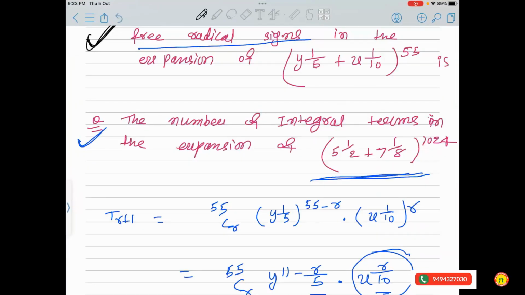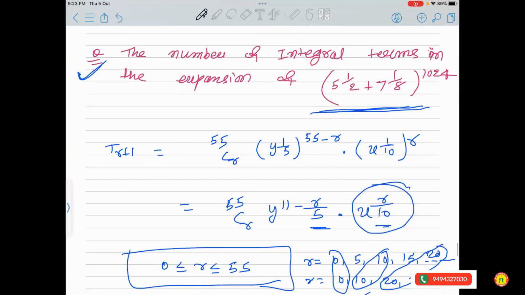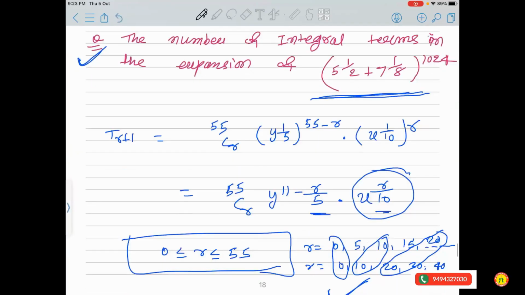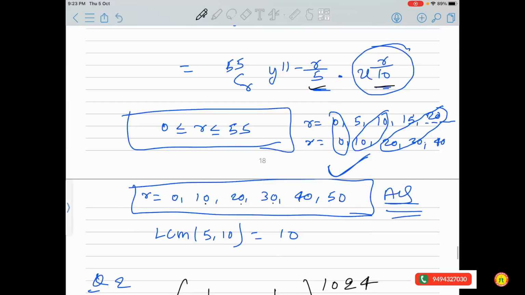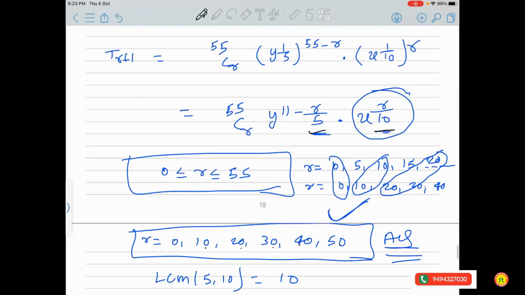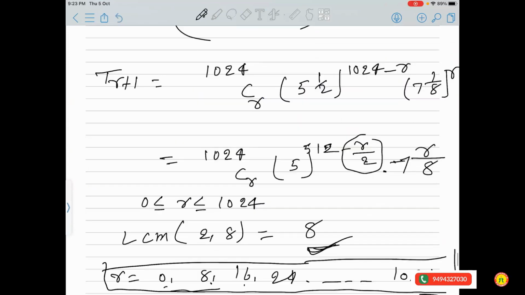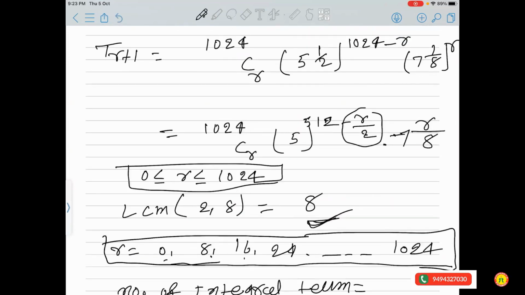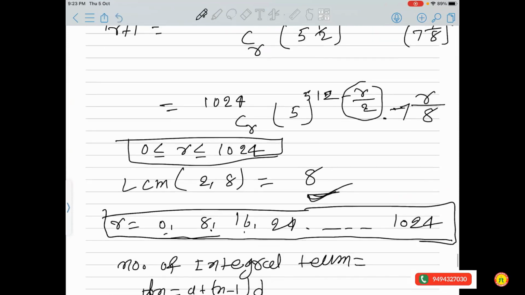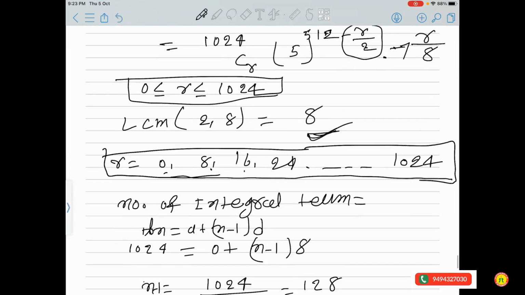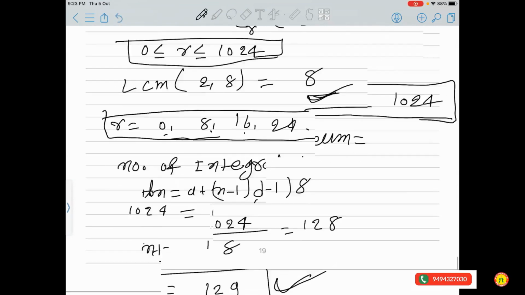Write the T(r+1) term, right? And take the LCM of the denominators of the powers of r, and that LCM will give r. Here r goes from 0 to 1024, and the LCM of 2 and 8 is 8. So 0, 8, 16, 24 up to 1024 are the r values that give the integral terms. So the number of integral terms is 129.